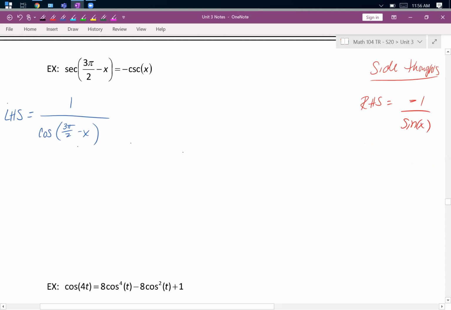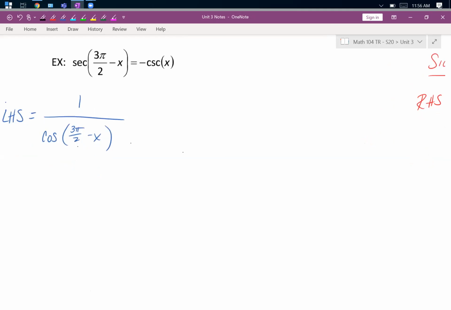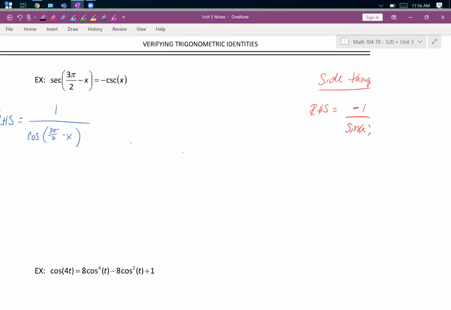Okay, suggestions on what we should do with that cosine of 3 pi over 2 minus x? Can we use the co-function identities? Okay, so how do you see the co-function identity helping you? There was just an example that looks kind of like it. Okay, so let's think about that over on the side.